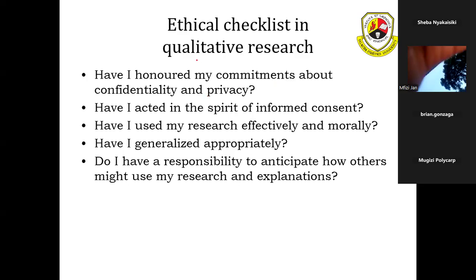As a researcher in the field, they should have an ethical checklist just to make sure that they are honoring their commitment to confidentiality and privacy. They get informed consent, because remember, you're observing participants. So you need to have informed consent, where you inform them, I'm a researcher who's come here to do this and this.